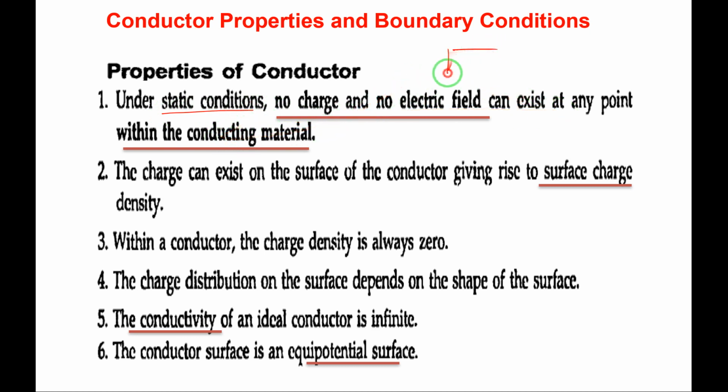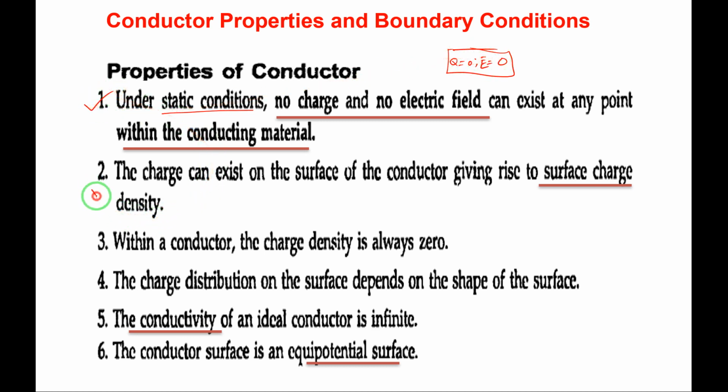For this piece of conductor, charge Q is 0 and the electric field E is 0 within the conducting material. The presence of free charge carriers within the conductor is 0, and the internal electric field is also 0.